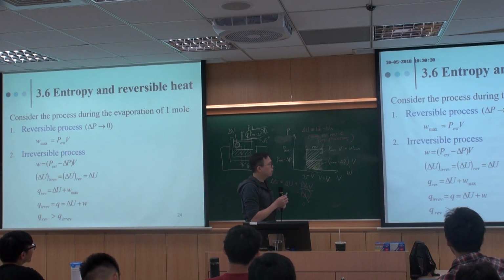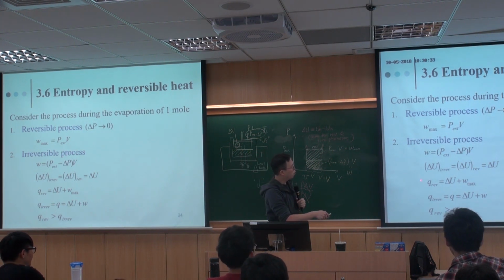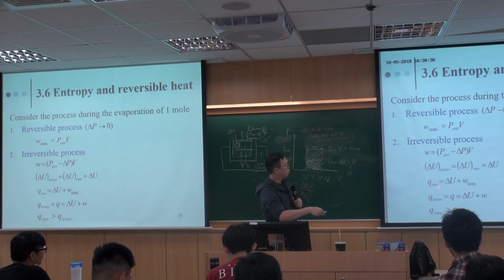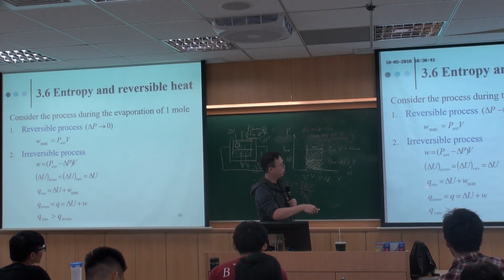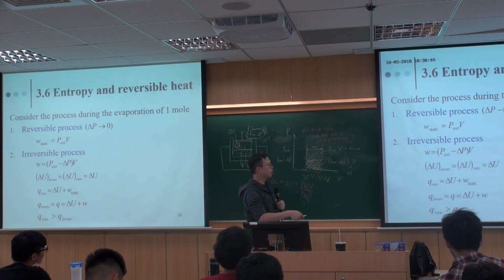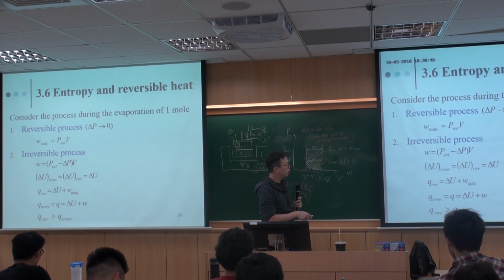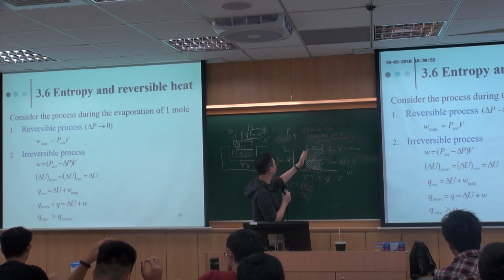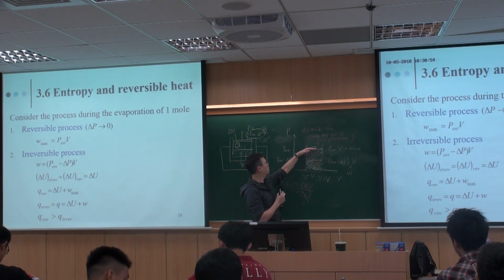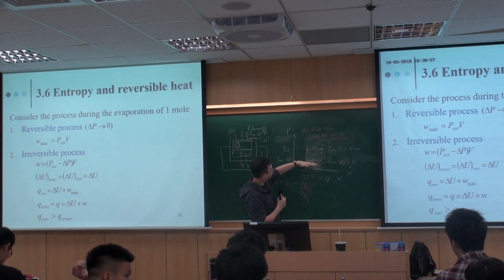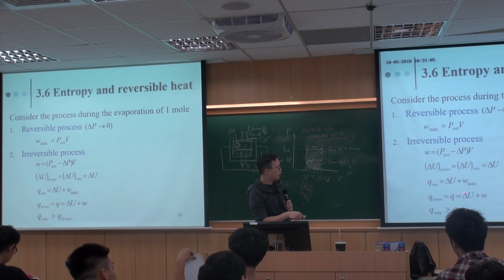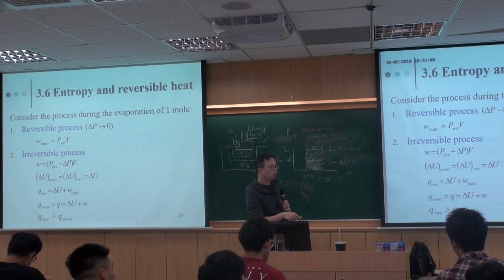Okay? So based on the first law, we can write down for the reversible process, with a subscript reverse here to make sure that this heat is the heat from the reversible process, equals delta U plus the maximum work that the system can do, which is the area under this A to B, this white straight line over here. On the other hand, for the irreversible process, the heat equals the same delta U, but a different work.